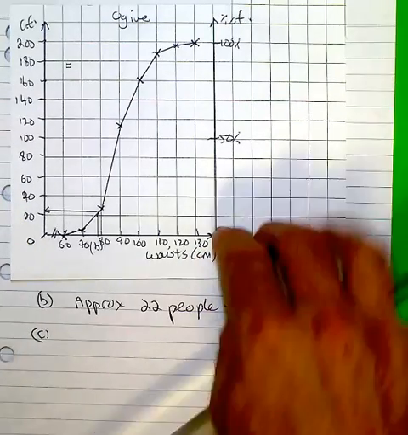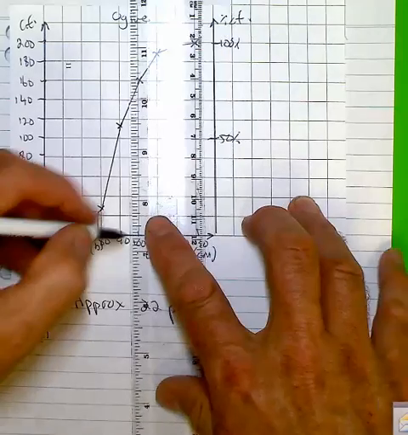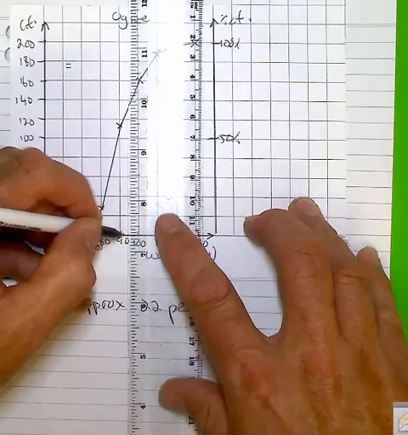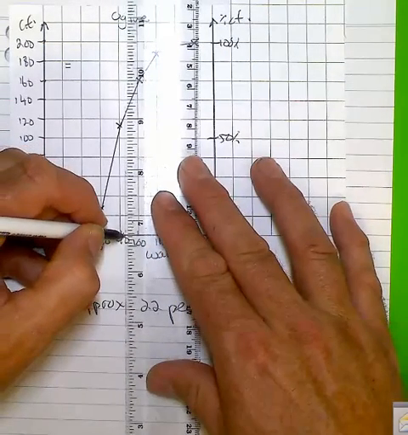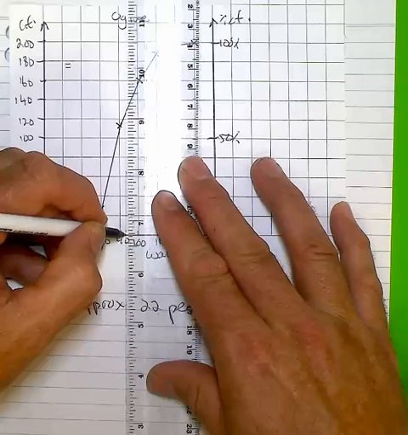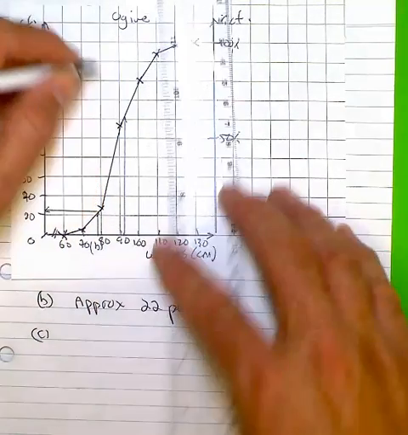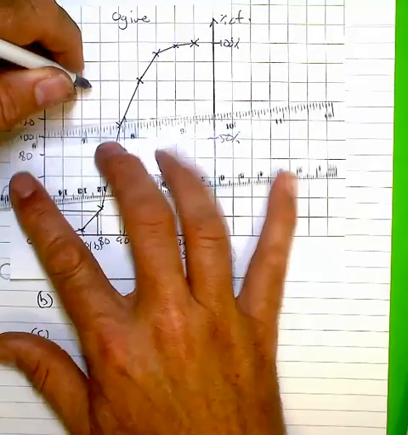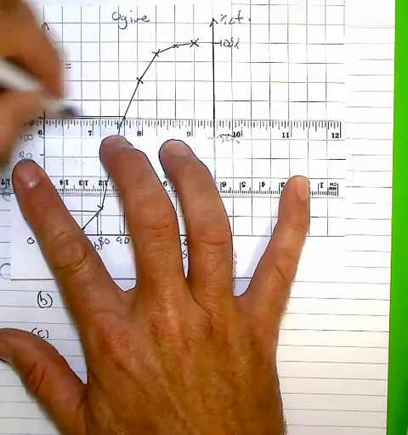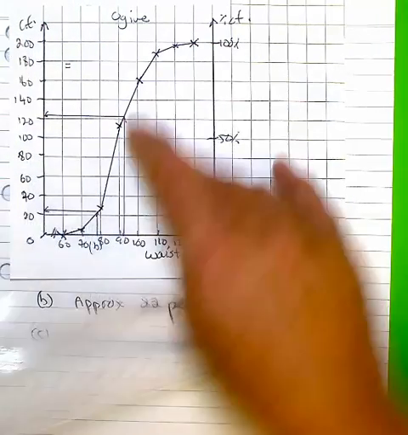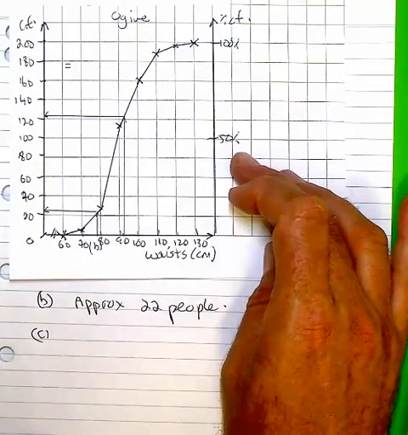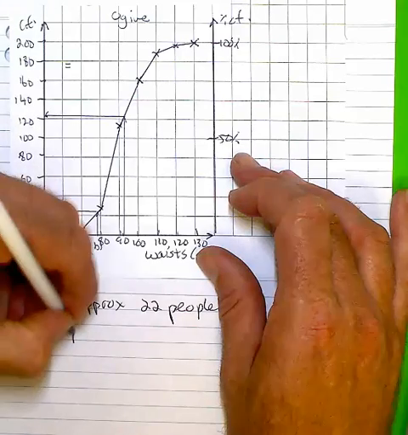C, 92, waste size less than 92. So read up, and reading across. So just slightly over 120, I'll say 121.